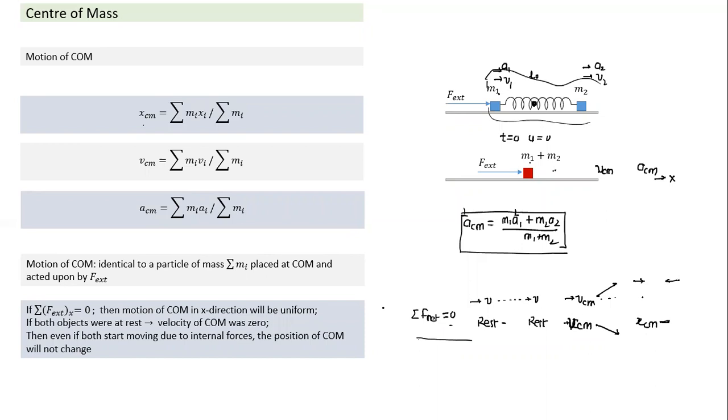So when both are at rest and no force is acting, XCM remains unchanged. And 77 questions are based on that also. The position of center of mass will not change. So that's an example of this motion of center of mass.